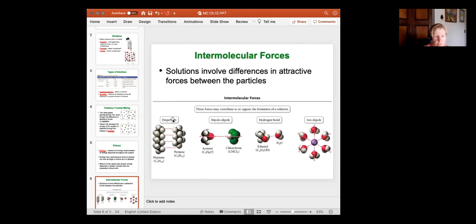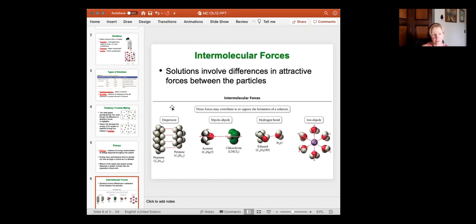So the lowest energy intermolecular force is a dispersion force. They call these instantaneous dipoles because it's a force that happens between molecules. You have a shifting of electron density, which creates a transient, instantaneous, non-permanent dipole, and then if there's another molecule near there, it will force that molecule to have an instantaneous dipole.